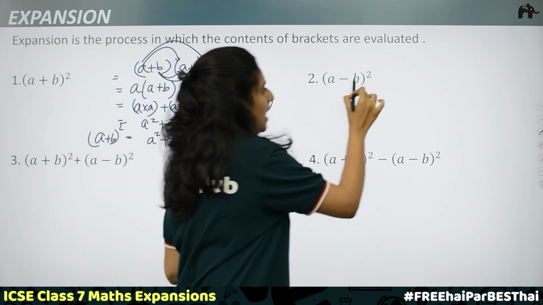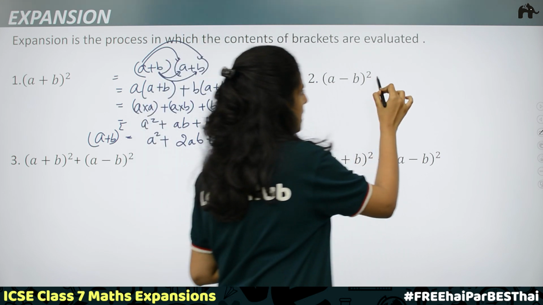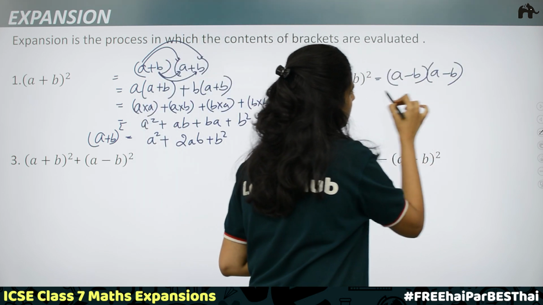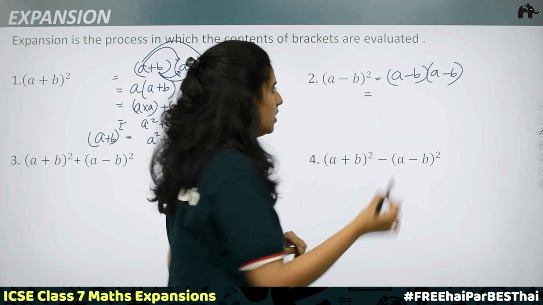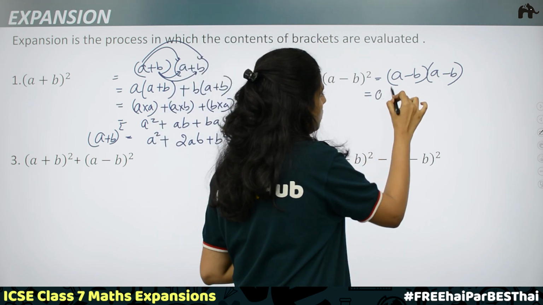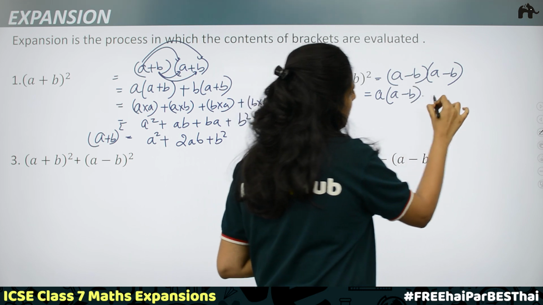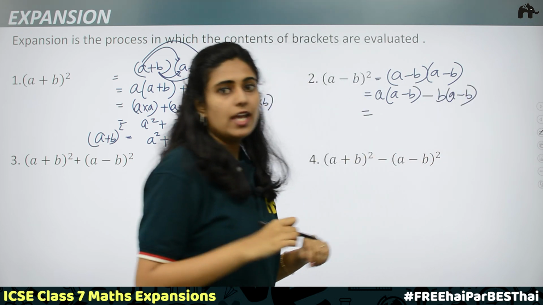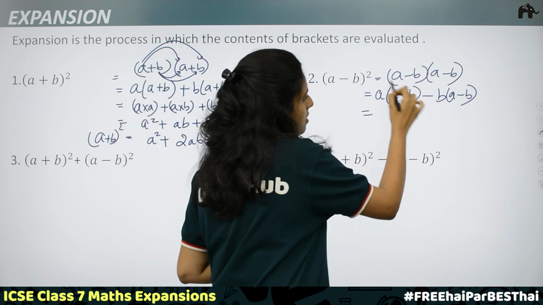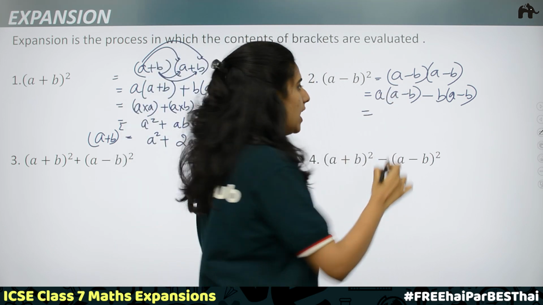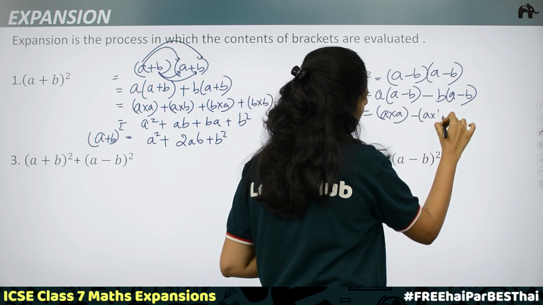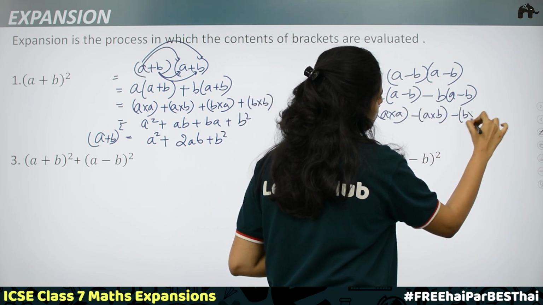Next, a minus b whole square. This can be written as a minus b into a minus b. Again, the distributive property we are going to use. a into a minus b into a minus b, which is equal to, again, you are going to remove the brackets and multiply: a into a minus a into b minus b into a.